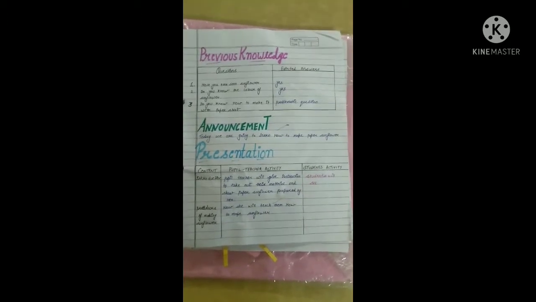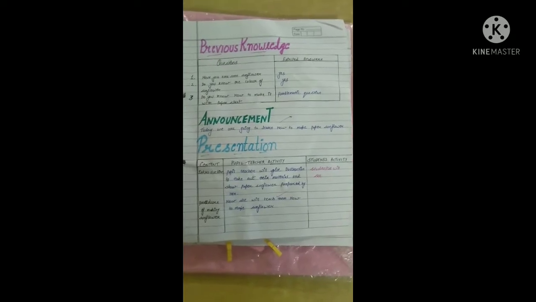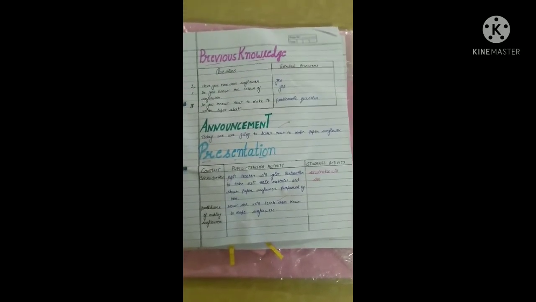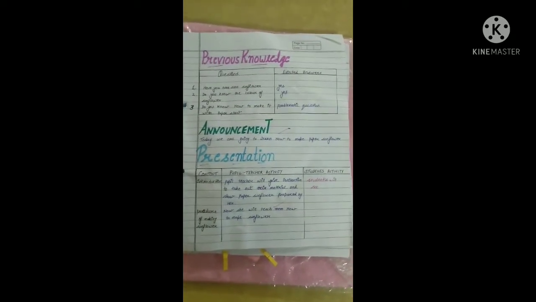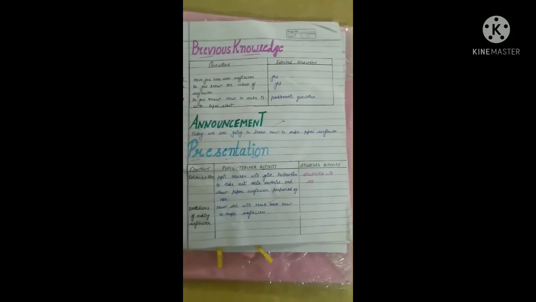So in a presentation, first of all, we need to write a little bit of introduction about the product which we are going to make, and after the introduction we need to write the procedure of making the sunflower, or whatever the product you are going to make.